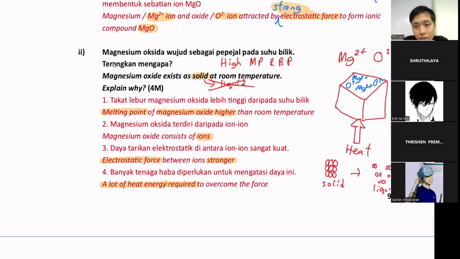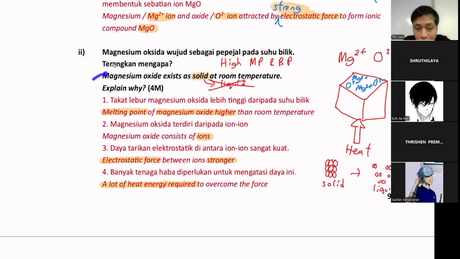But for covalent, it'll be easier. Covalent compounds are mostly like carbon dioxide, oxygen gas, methane. All these are in gas form. If they talk about covalent, your point is the weak van der Waals attraction force. Less heat energy is needed to overcome because they consist of neutral molecules. That's why some questions can change.